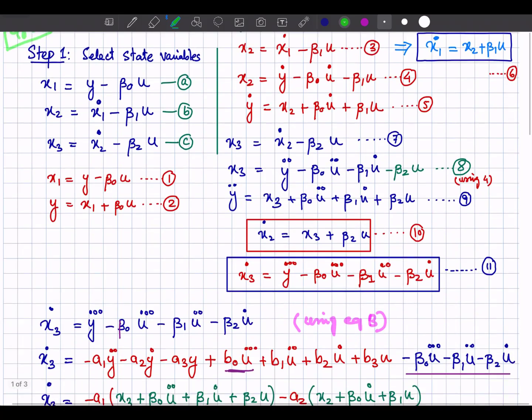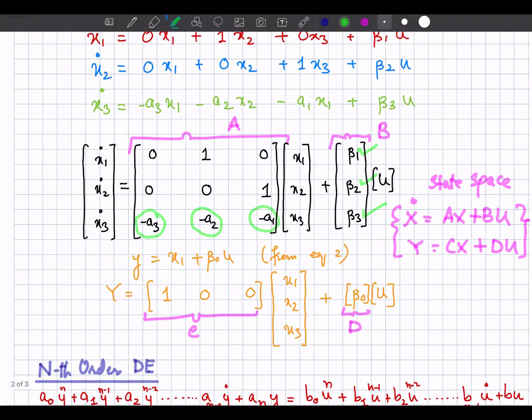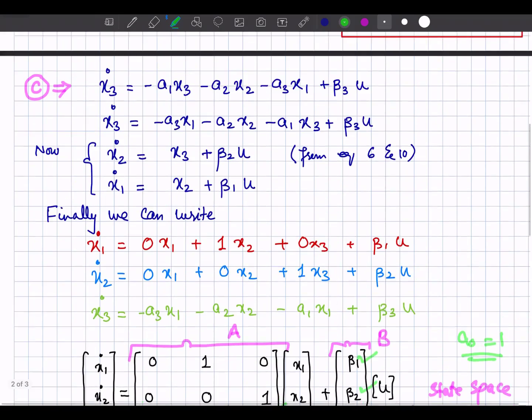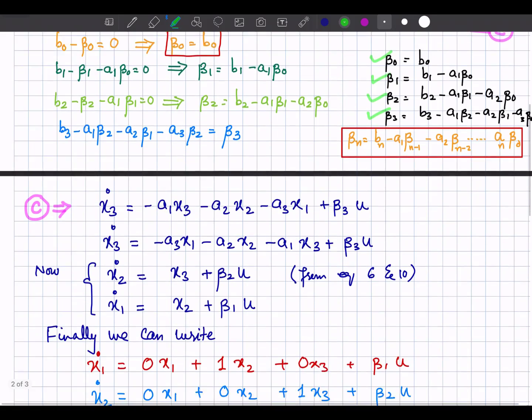With a naught equal to 1, a1 is used at this entry, a2 is used over here, a3 is used over here, and the betas are calculated according to the set of equations that we defined over here. Beta naught from here, beta 1 from here, beta 2 and beta 3 over here, right.